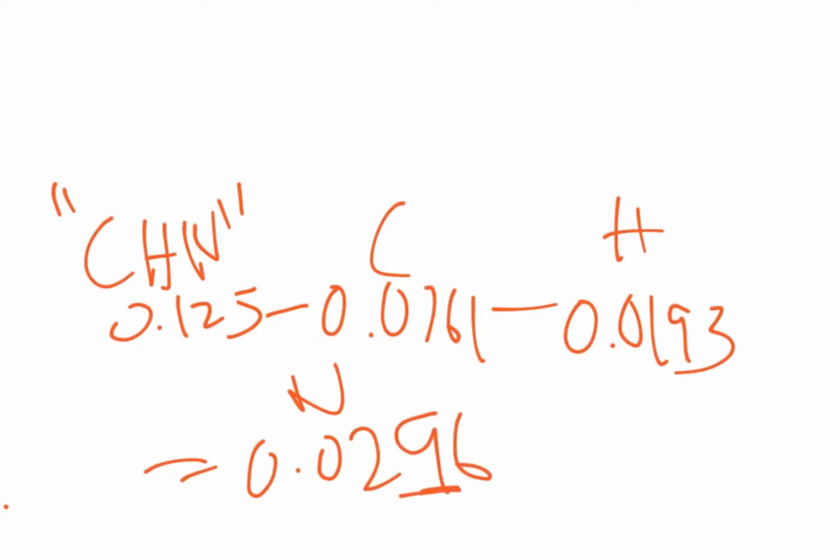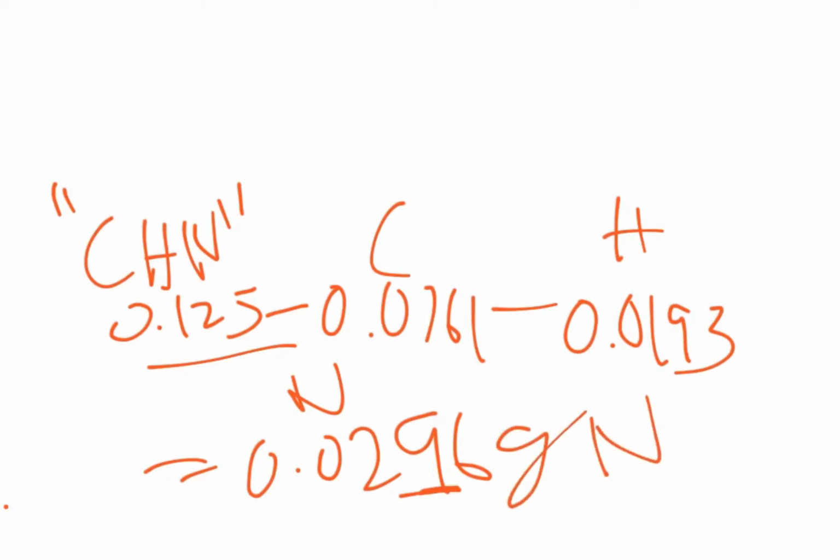I'm going to underline this, since this had 3 decimal places, which is the least of them. So this will be the tracker for me having 2 sig figs for my answer, with 3 decimal places. So now we have the grams of nitrogen.